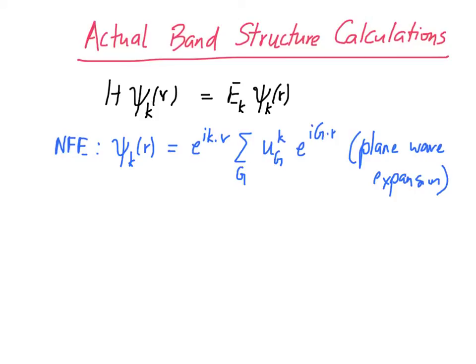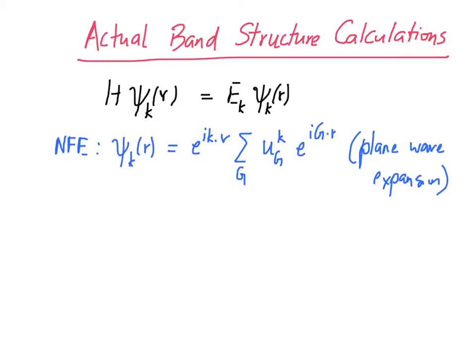The Fourier series is also called a plane wave expansion. So although I'm calling this the approach that we adopted within the nearly free electron approach, I have to state here very clearly that this expansion of the wave function, as long as this series is infinite, is in principle exact.